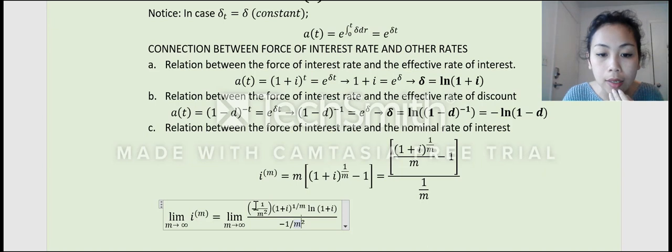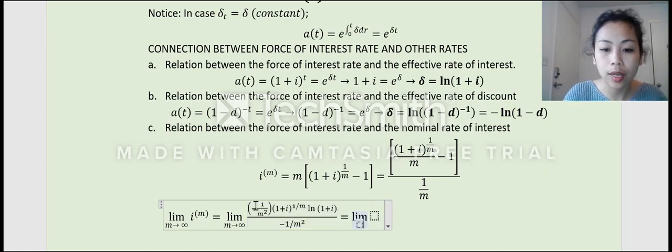And this will be equal to the limit as m goes to infinity of, negative 1 over m squared cancels negative 1 over m squared. So this becomes 1 plus i to the 1 over m times the natural log of 1 plus i.